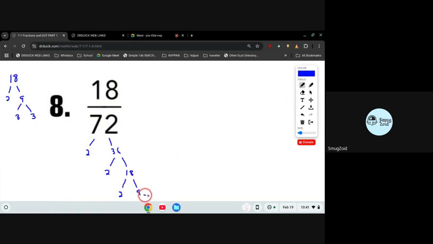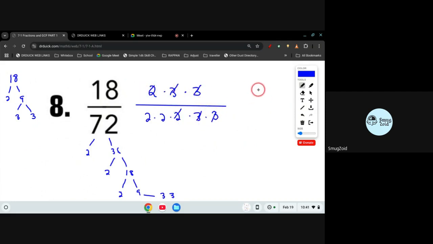And then that would be 3 times 3. So then I put them all here. I'm going to use a big line here because I'm going to cross a bunch of stuff out on this one, right? I got a 2, I got a 3, I got a 3. I have 2 times 2 times 2 times 3 times 3. This goes away. This goes away. One of the 2's goes away. You get the number 1/4. See how easy this is? Man, reducing fractions is a snap.